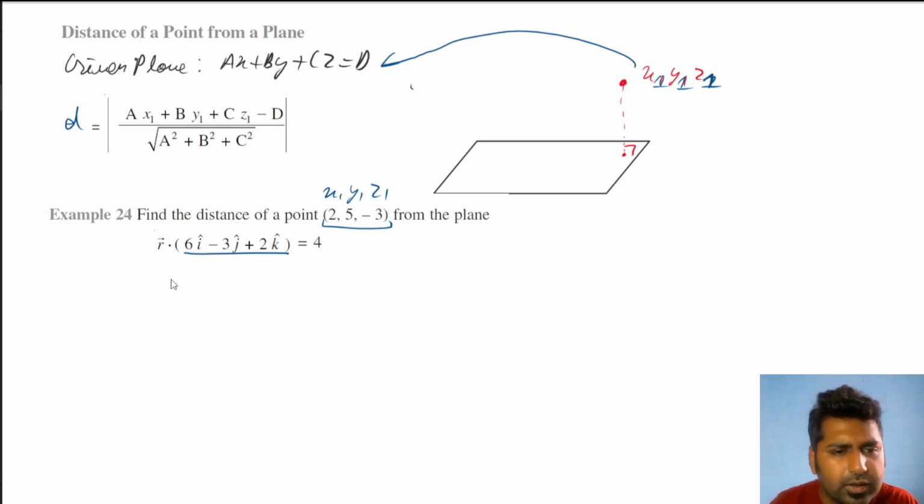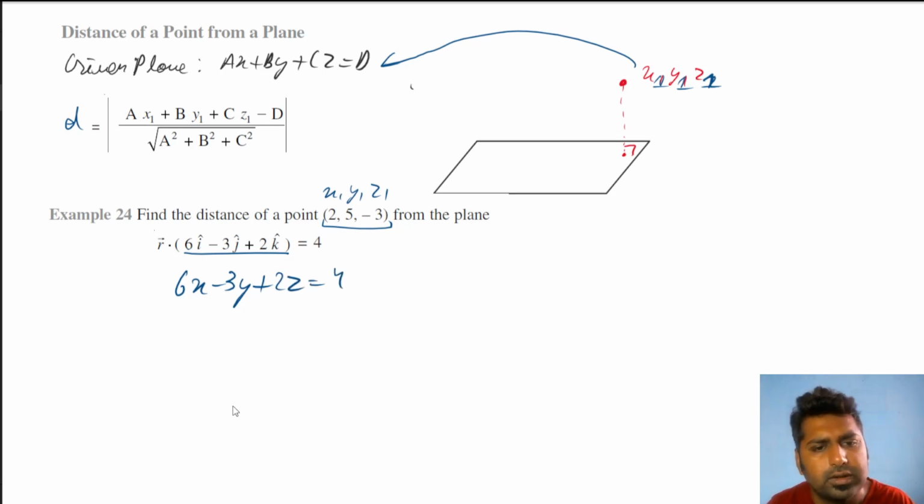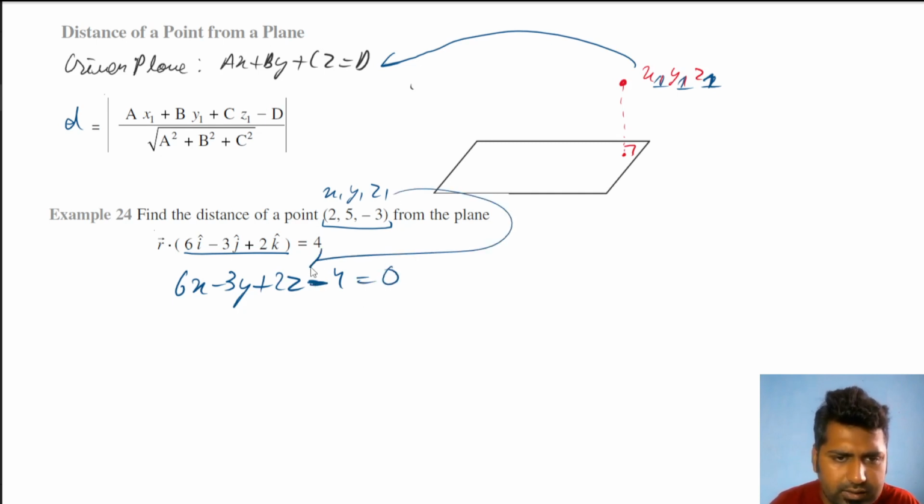So how do we convert it into Cartesian? Easy, less than 10 seconds. Replace i with x, j with y, k with z is equal to 4. Now you got the equation, and get the 4 also on the left, equal to 0. Put this point in this equation.